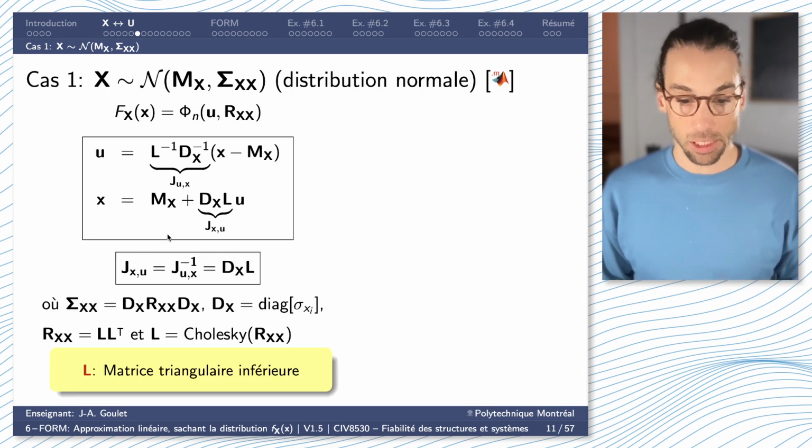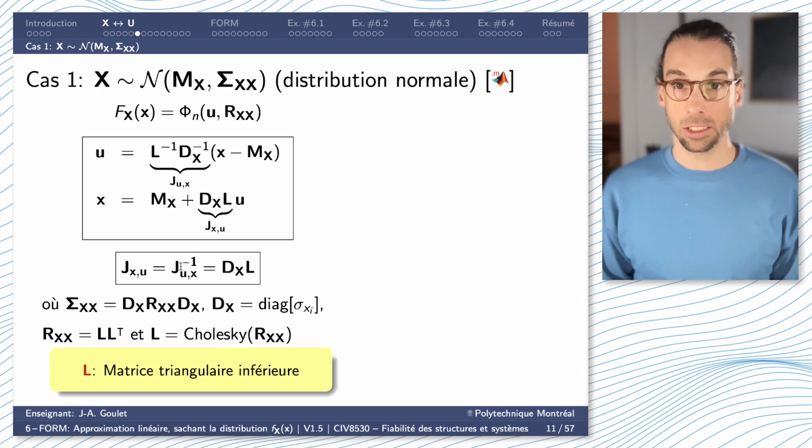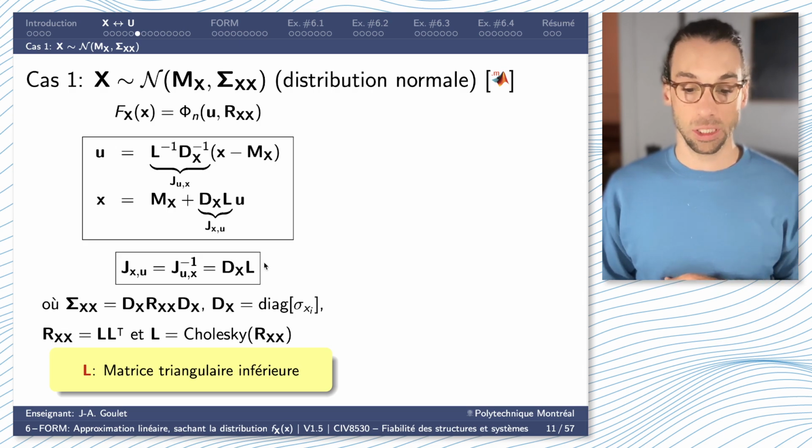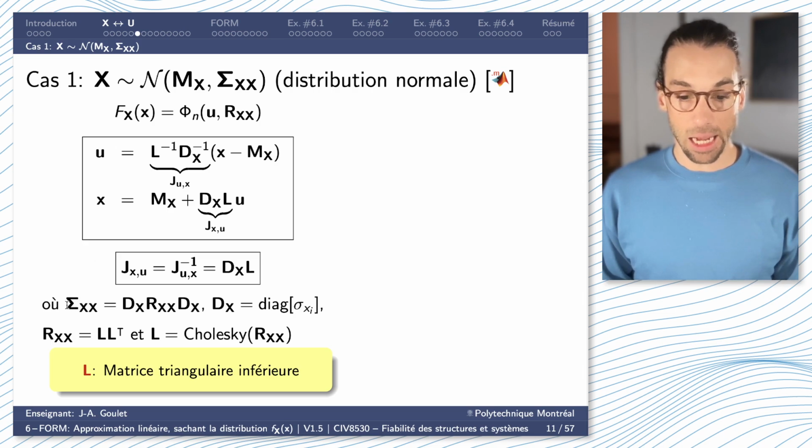So here, if we explicitly represent the terms, Jxu is the Jacobian. I can obtain this by the inverse of the Jacobian of u with respect to x. This is going to be equal, as I said, to the standard deviation matrix times the Cholesky decomposition of my correlation matrix. So sigma xx, which is my covariance matrix, can be obtained by saying dx, standard deviation matrix, correlation matrix, standard deviation matrix.